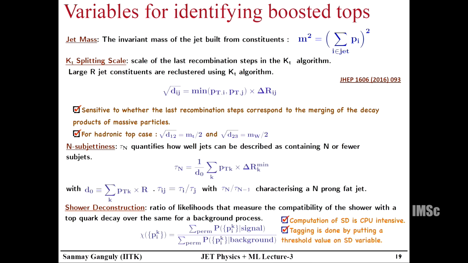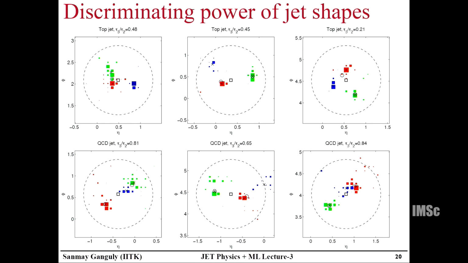Okay, so let's try to see, given these jet substructure methods, how well do we know these cases. So here again the top jet and QCD jet radiation, then I apply different amounts of tau 32. You see that for the similar structure, this is the tau 32 value coming from top jet and QCD jets, and the takeaway message is that a true three-prong structure has lower values of tau 32 compared to a background.